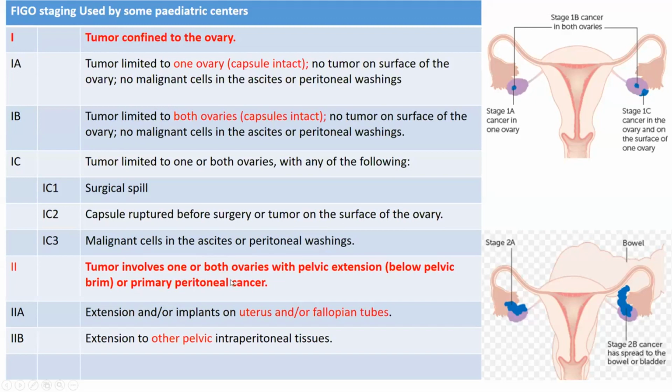Stage 2 is when there is involvement of 1 or 2 ovaries, but with pelvic extension. Again divided into 2A and 2B. 2A is when there is extension to the uterus or fallopian tubes, and 2B is when there is involvement of other pelvic structures like bladder and bowel.